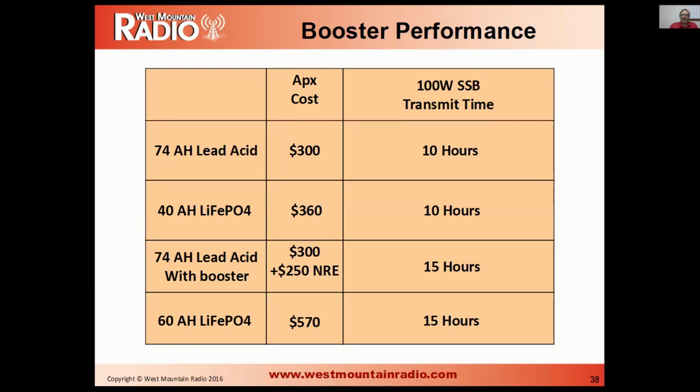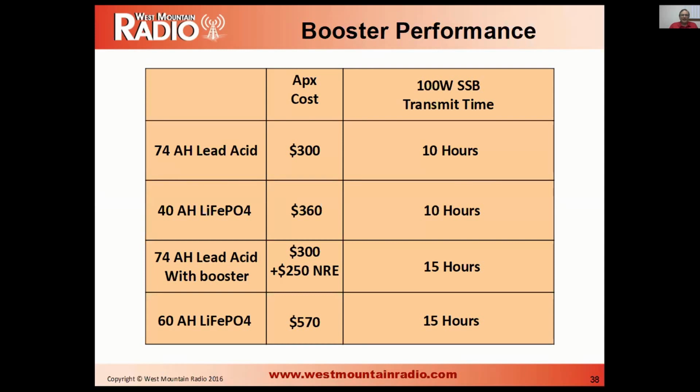A 74 amp hour battery typically costs you around $300, and you get 10 hours of transmit time out of it. A lithium battery, $360, will get you the same 10 hours, but it'll be a 40 amp hour battery.